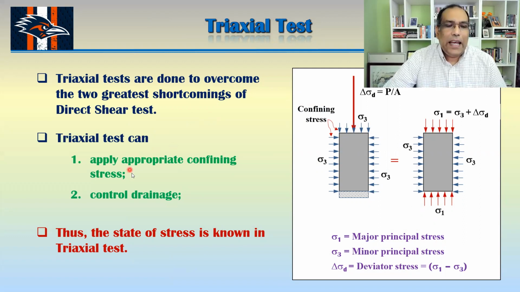First of all, it can apply appropriate confining stress. If you think about the field, if the soil is, let's say, 50 feet or 30 feet below the surface, then the soil has a confining stress there. In the triaxial test, we can apply that confining stress.